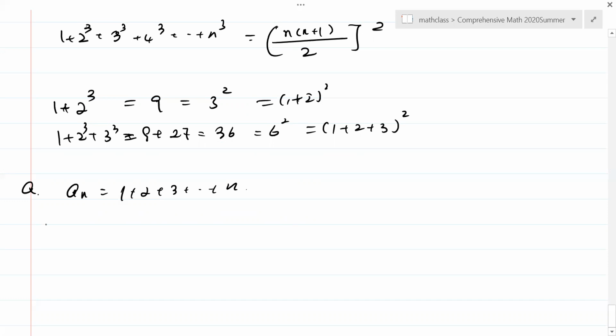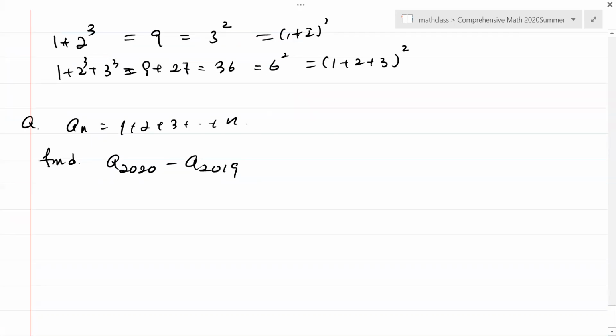We want to find out a_2020 minus a_2019. Okay, what is that?